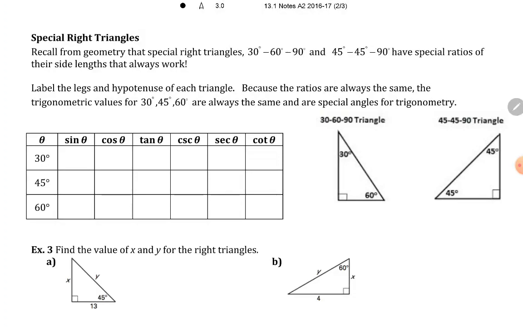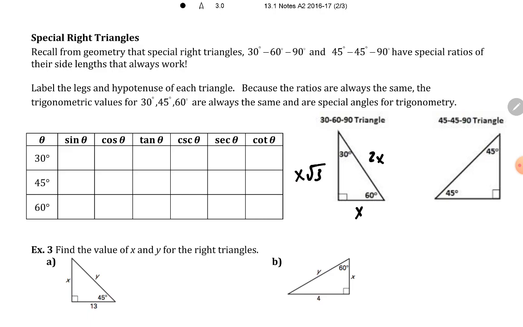Special right triangles. From geometry, we had the 30, 60, 90 triangle and the 45, 45, 90 triangle. They all have special ratios. It went like this: if this was x, then this would be double, and this would be x times the square root of 3.